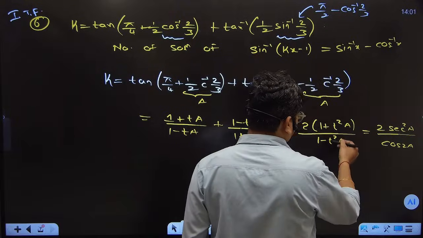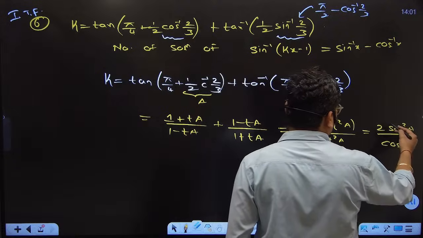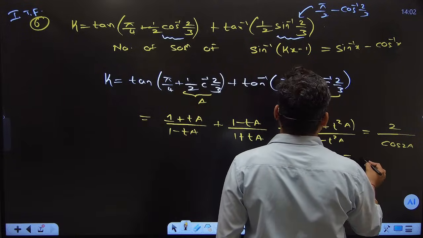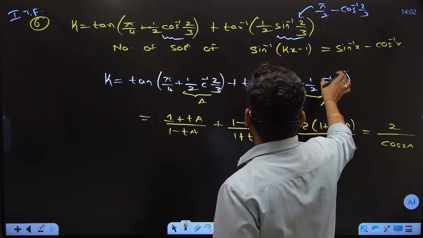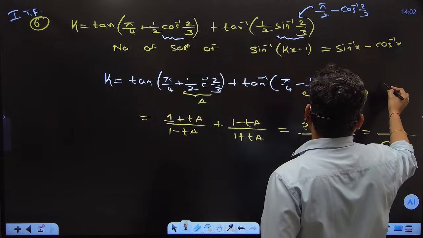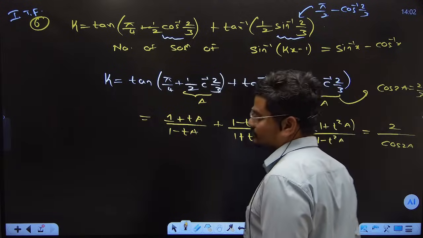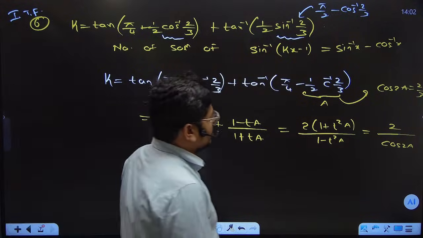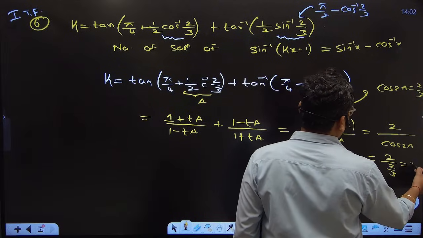That cos square A I'll take to the numerator, so it gets cancelled, and I get 2 by cos 2A, or 2 secant 2A. If I observe it carefully, I know the value of cos 2A: it's 2 by 3, right? Since cos 2A is 2 by 3, I'll write it as 2 by 2 by 3, which gives me the value of k as 3.